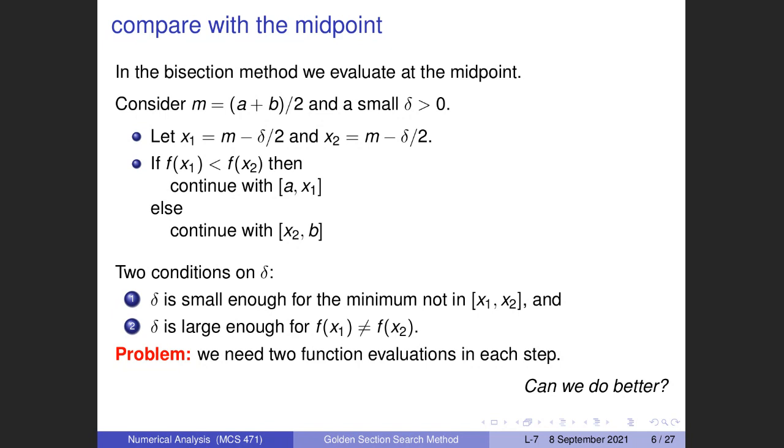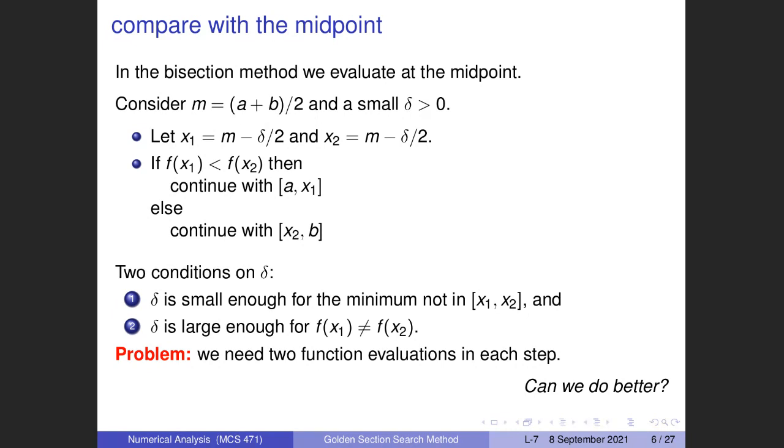So the rule is actually very simple. We continue with the left interval if the left point is less than the right point, otherwise we continue with the right point. Now we have a method, and so the method is mathematically well defined as long as delta is not 0.